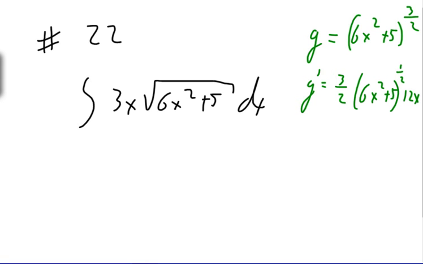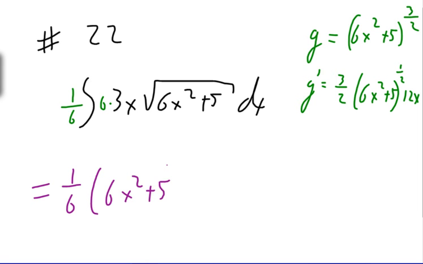So 2 goes into that, it's 18. So I need an 18. So I'm going to multiply by 6, and I'm going to divide by 6, and then I'm going to write down my final answer, (6x squared plus 5) to the 3 halves plus c.